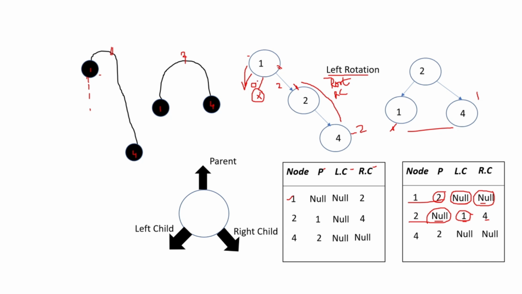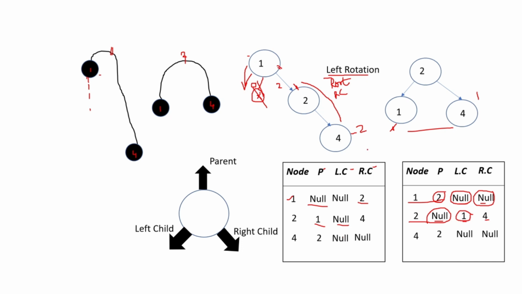So the left pointer will be the same, but the change is only in the right pointer, like it will cease to have any right child. So basically change happens in the right child value and in the parent value. Here also the change happens in this value and the left child pointer value.